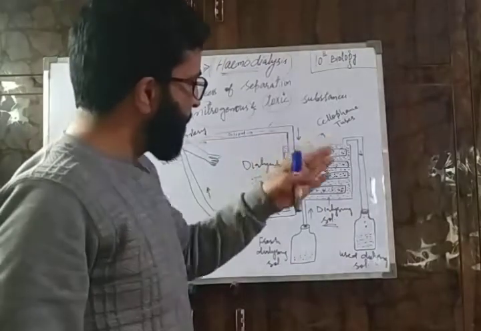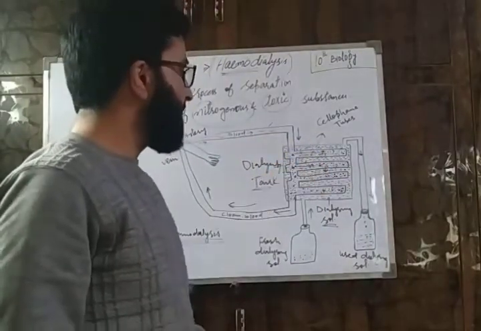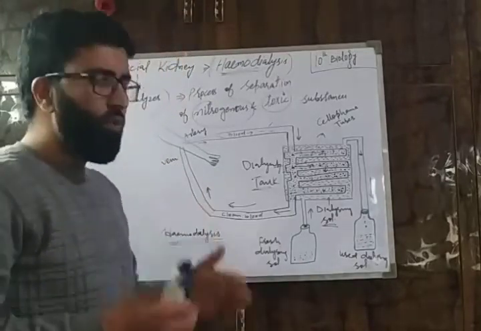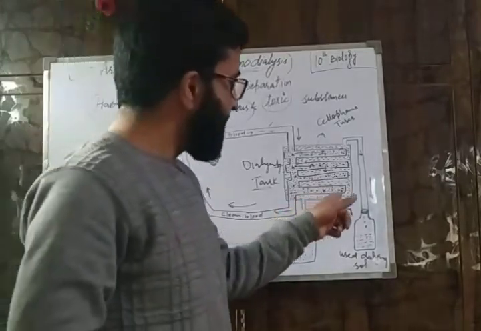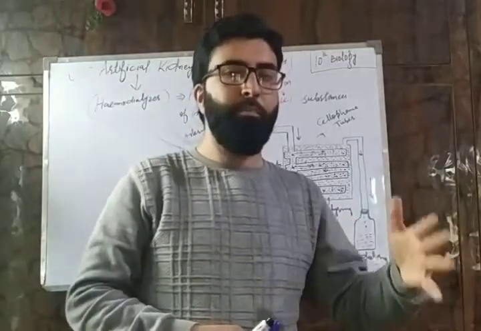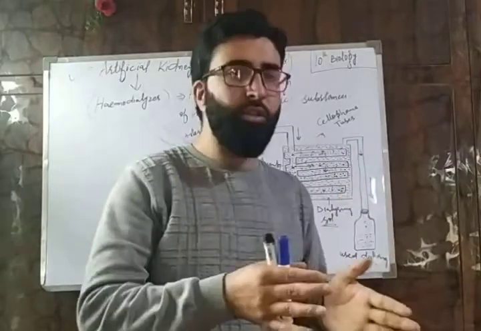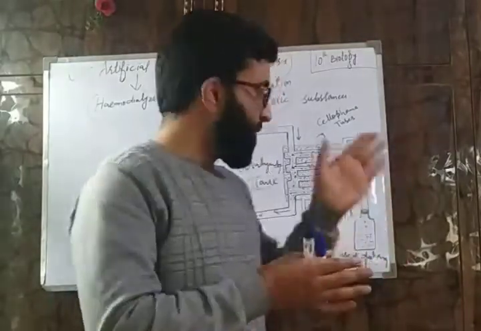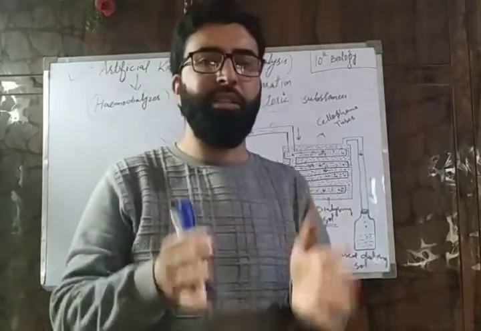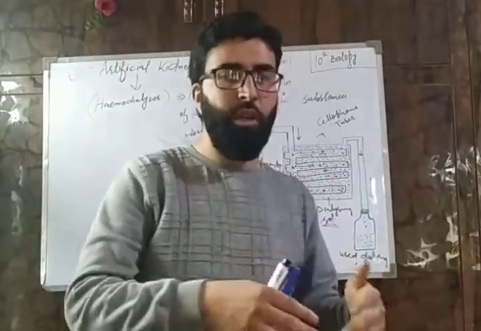When blood flows slowly through these cellophane tubes, this dialyzing solution is isotonic to the blood plasma. Isotonic means the blood plasma and this dialyzing solution have the same concentration of solutes.